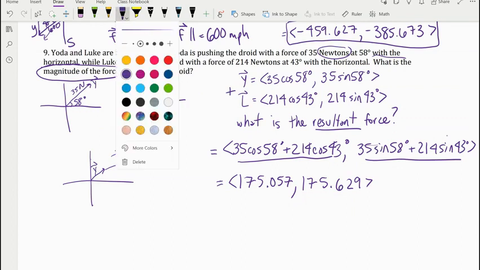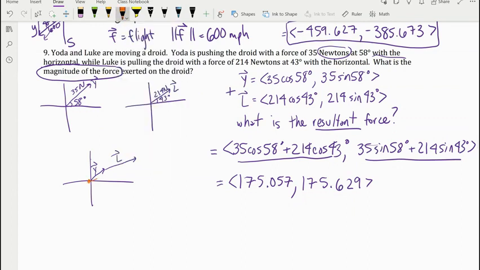Then the total resultant force is going to be somewhere between 43 and 58. These two numbers are pretty close, so that means my resultant force is pretty close to an angle of 45 degrees. If I wanted to find theta, I would just do tan inverse of your y component divided by your x component, right?